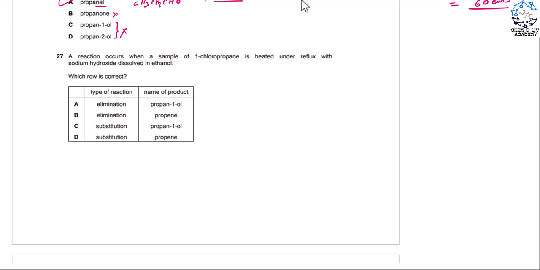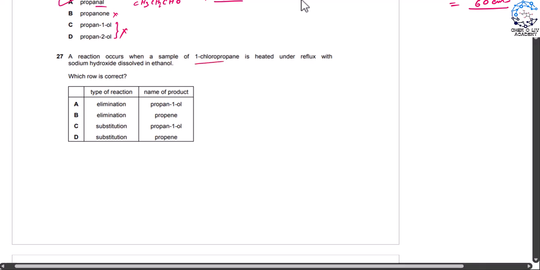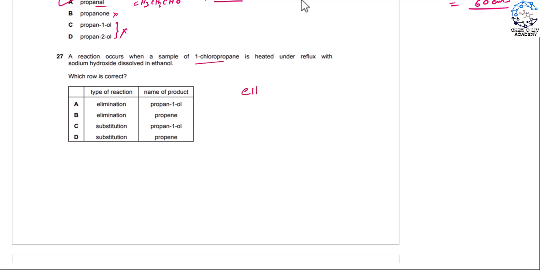So let's draw the structure of 1-chloropropane. So it's propane, that means 3 carbons are there. Chlorine. Okay, now it's being refluxed with sodium hydroxide NaOH in ethanol.